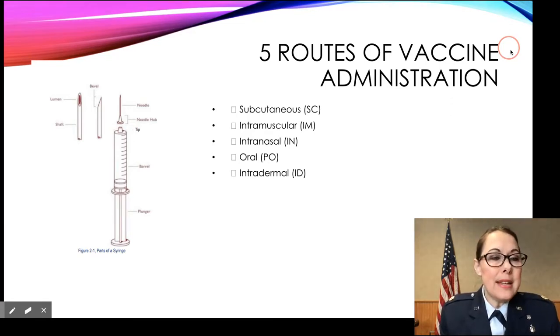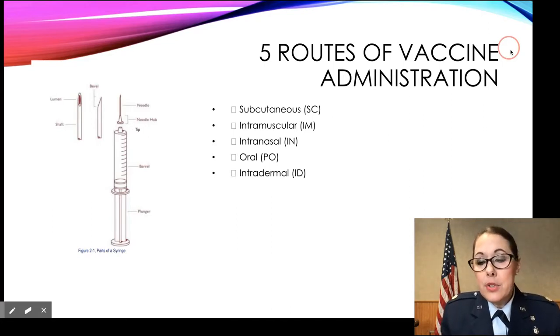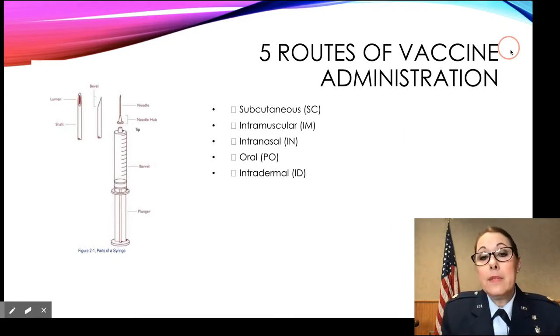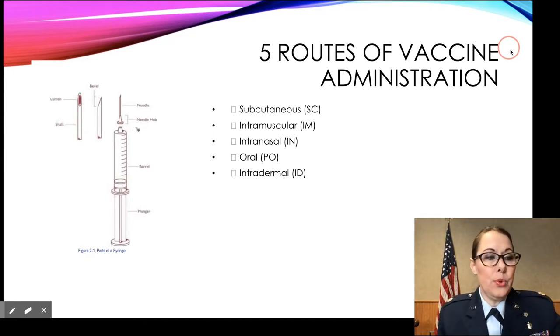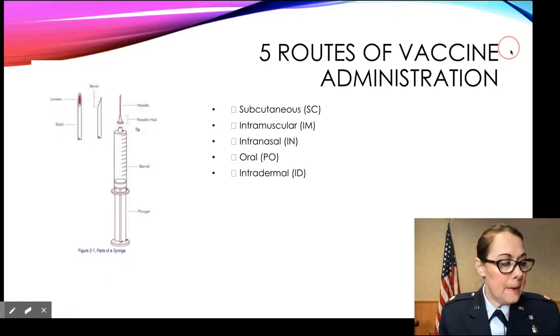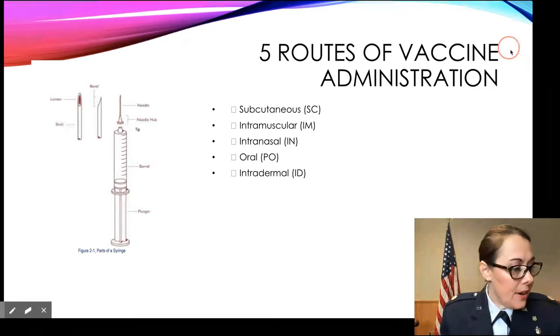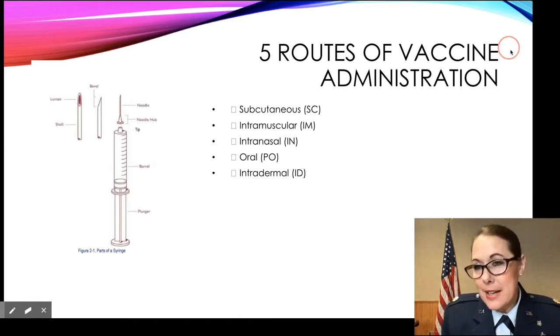And the methods in which these are used are usually always set by the manufacturer based on how it will be absorbed and how it will be used. And you want to make sure that you're using the right vaccine to make sure you're stimulating the adjuvant injected into the right area.